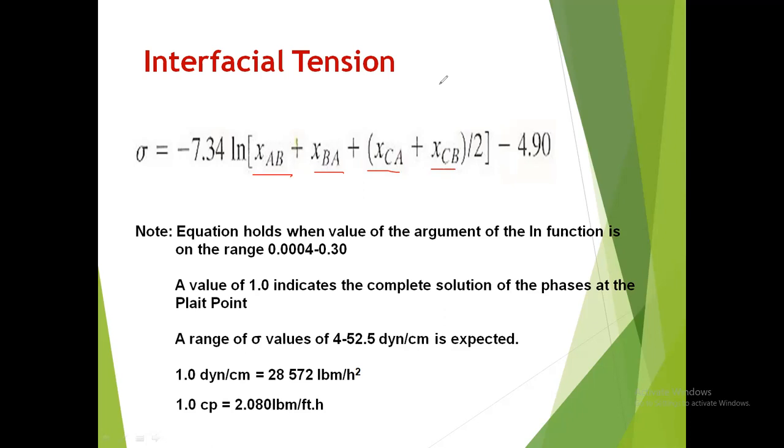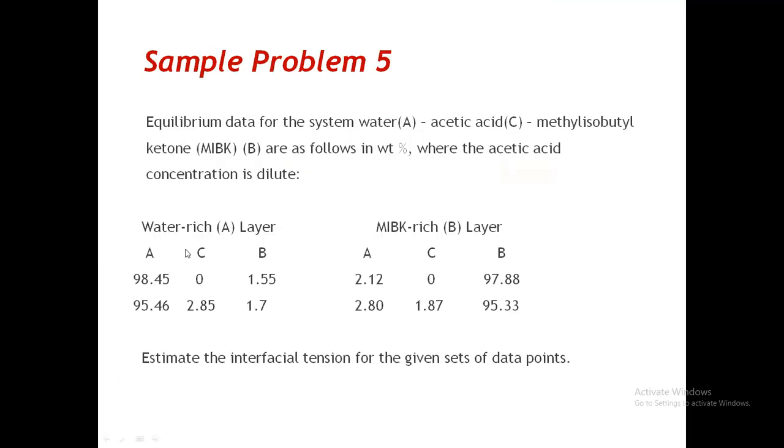Now, if you're going to use this empirical formula, there's a need for you, as I've said, to convert the mass fraction to mole fraction. So I'll give you an example on how you do it on one, and the rest you can do on your own, because the rest will just be substitution to the formula. So just give me a few minutes to open the Jamboard so I can show you the process.